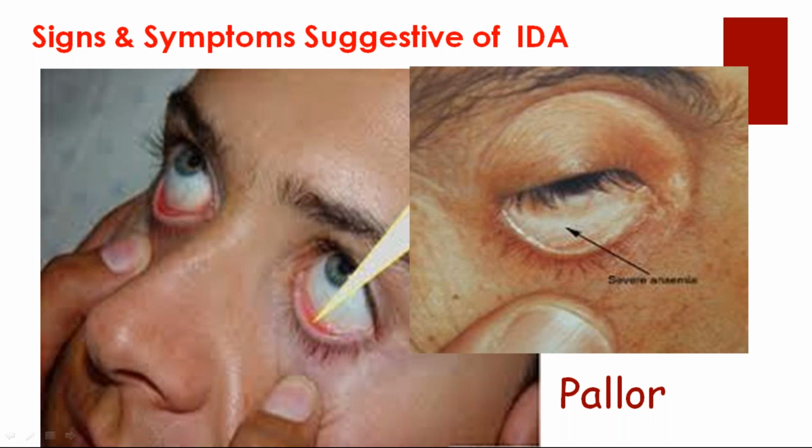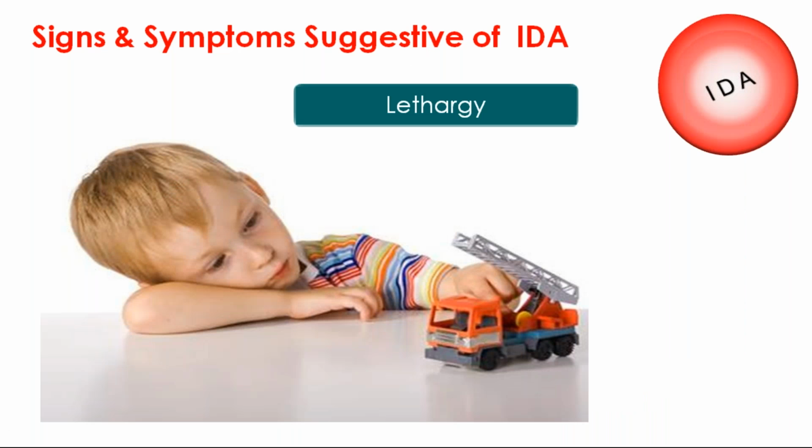Examiners are very fond of asking you, where do you look for anemia? Don't say eyes, don't say mouth, don't say hand. You have to be very specific. It is the palpebral conjunctiva, the tongue, and the palmar creases. Please remember. Lethargy, not interested in games at all.